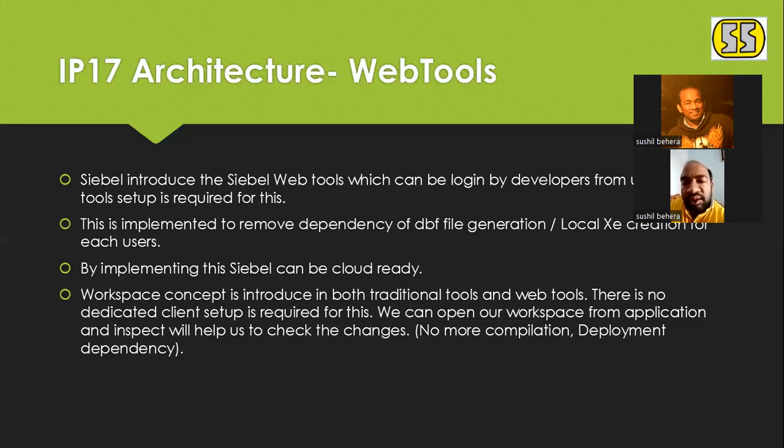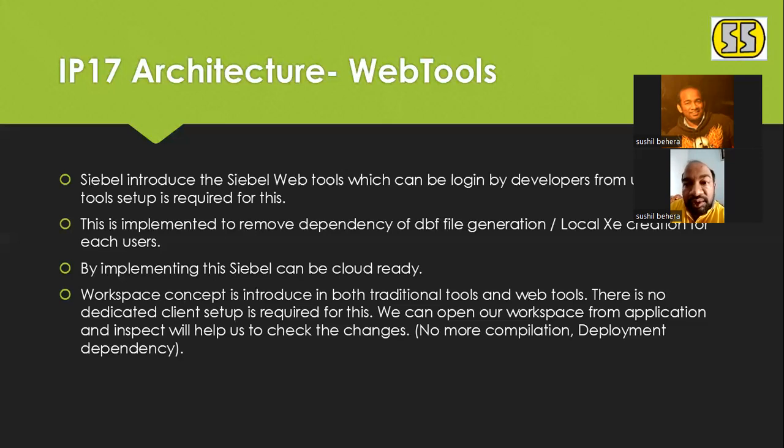Now in between, let's say I want to understand whether the changes I made are working or not. How can I do that? I can connect to my application, open my workspace, and inspect it. Once I do the inspect, I can see all my changes in my application. So there is no dependency on deployment and no dependency on the admin team.